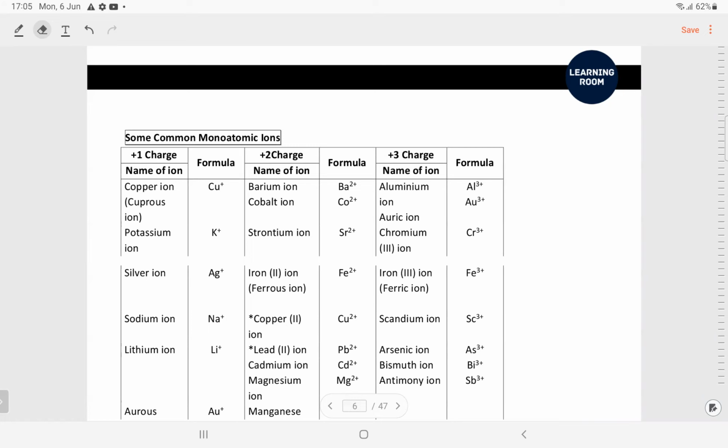Now, okay, they have been given copper plus. Plus means after donating one electron, it will become stable. Okay, now we can check this out.